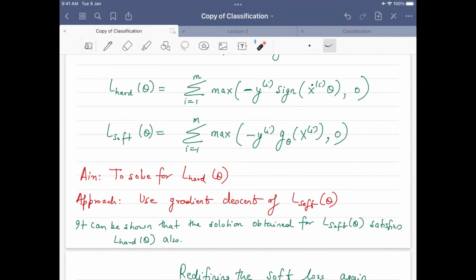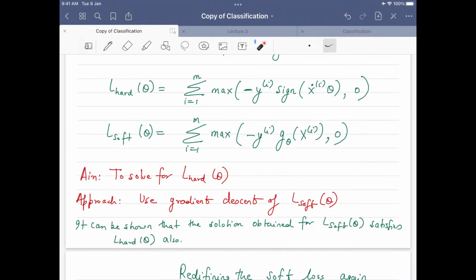Similar thing is happening over here. We are trying to do gradient descent on the softer version, and it can be shown easily that the solution you obtain for the softer version, the theta star, satisfies the hard version also.